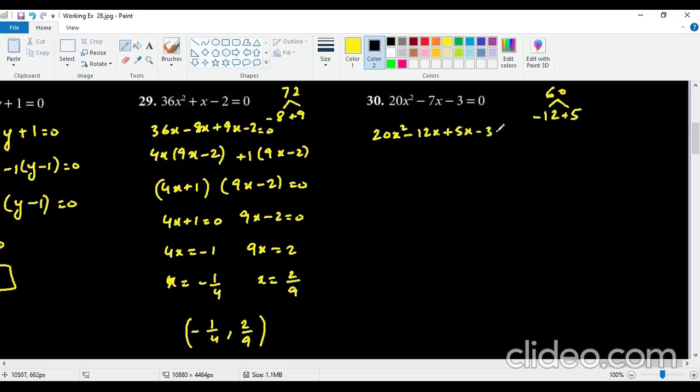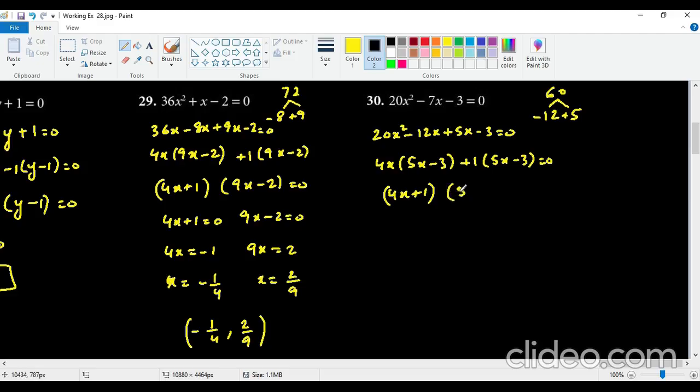And in the first one, I see that 4x is common. 4 times 5 is 20x squared, 5x and minus 3. 5x minus 3 in one bracket. Another bracket also carries 5x minus 3. And look at the third one, it's giving us plus 1. So 4x plus 1 is going to be in one bracket. Another bracket will carry 5x minus 3.